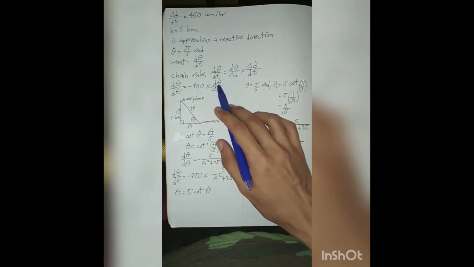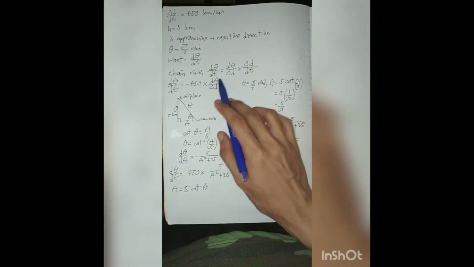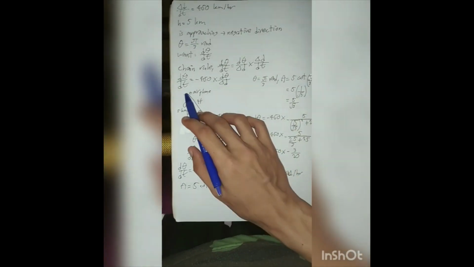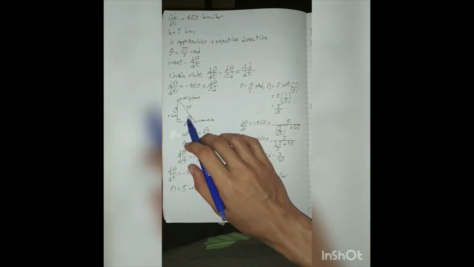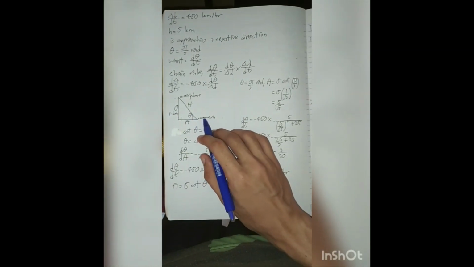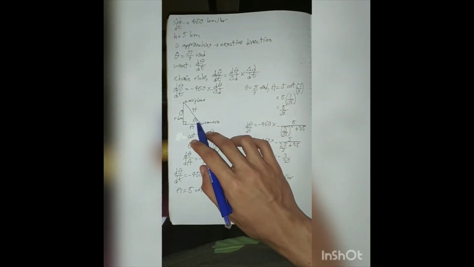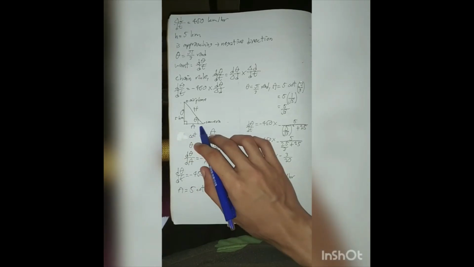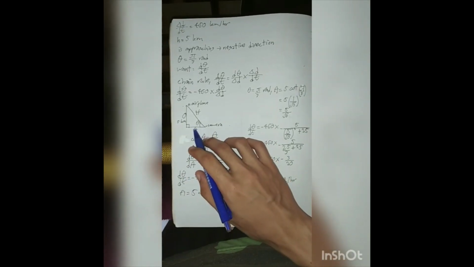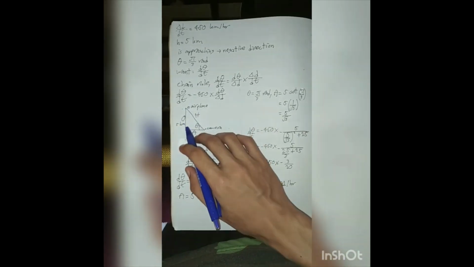And then in order to get d theta over dx, we must first find theta in terms of x. So we can draw a right angle triangle like this. So we have camera, airplane, and the hypotenuse is the line of sight of the camera. Adjacent side is the horizontal distance, and the opposite side is the vertical distance, 5 kilometers.